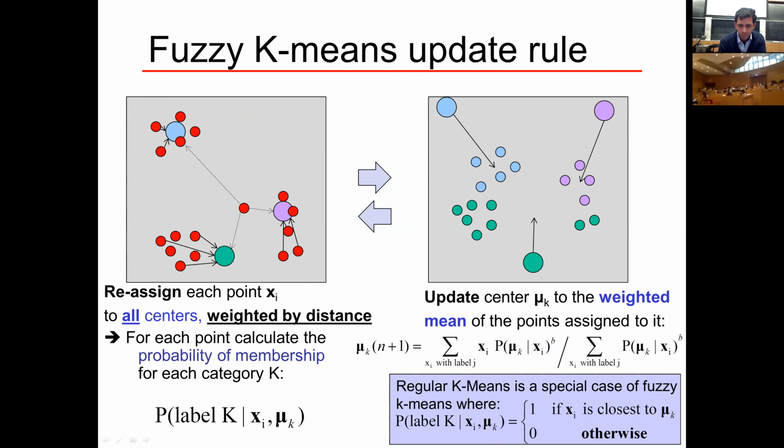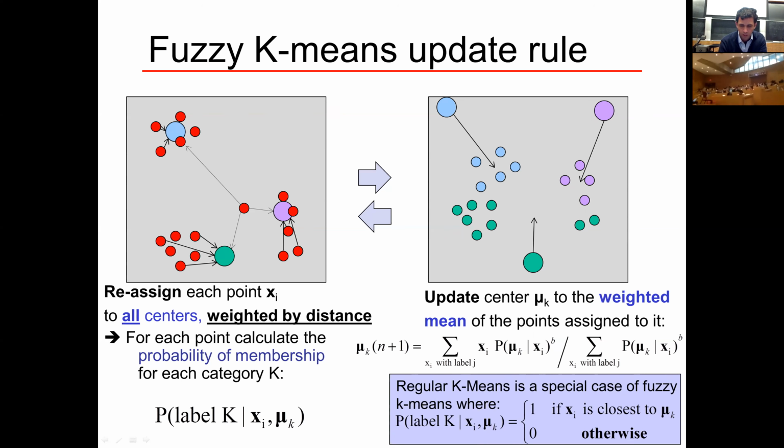And then I update the center to the weighted mean of the points assigned to it. So basically, the mean at the next iteration, n plus 1, becomes the sum of all of the point coordinates weighted by their probability of membership divided by the total number of points, again weighted by the probability.